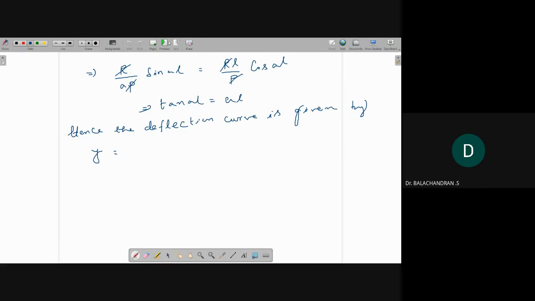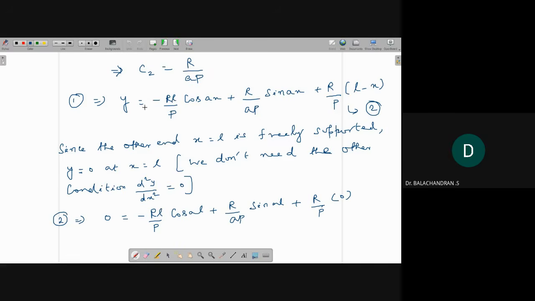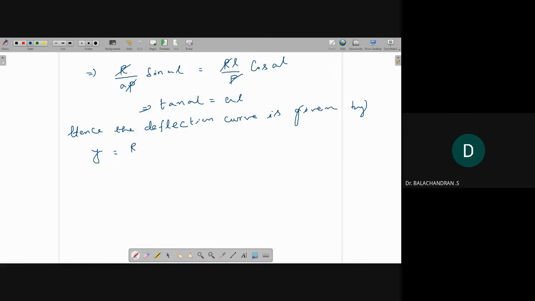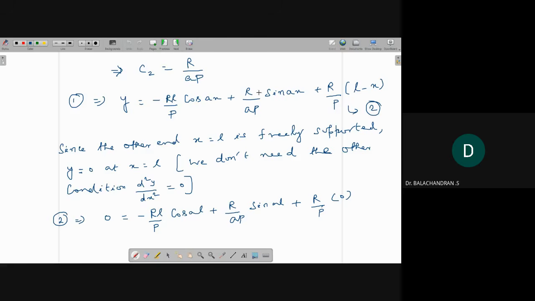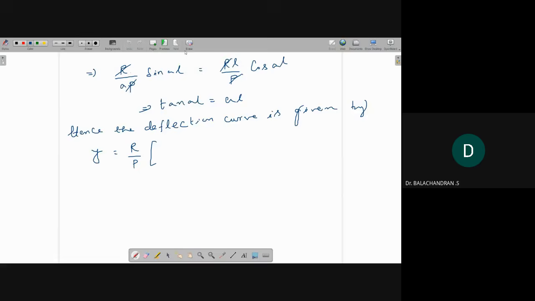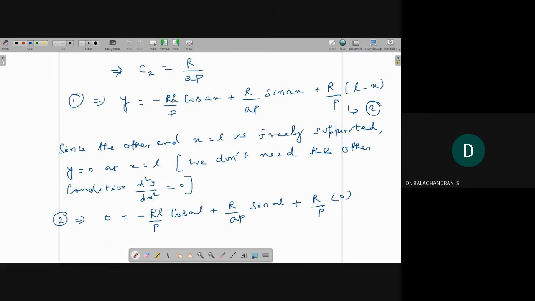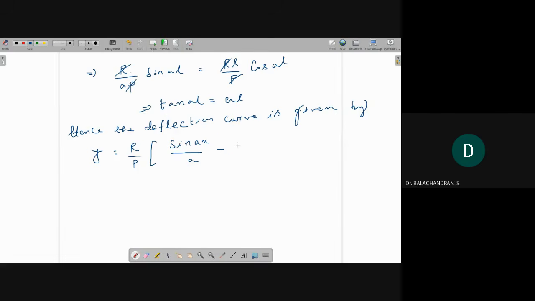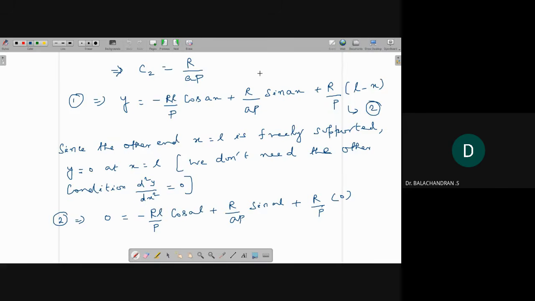So now equation 1. What is equation 2? In equation 2, I am taking R by P commonly. If I take R by P commonly, what is remaining? Please check it. sin ax by a, and then minus L cos ax, and then plus L minus x.